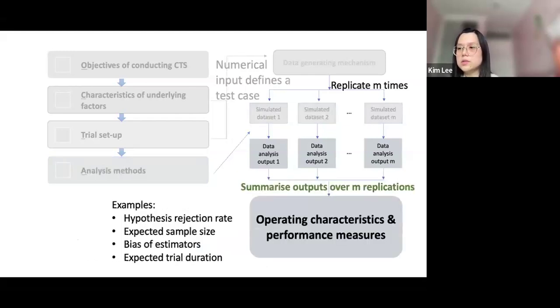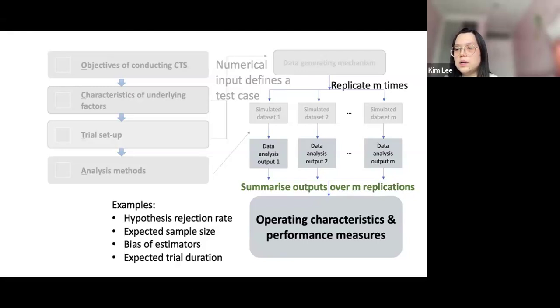The summary measures of the replicated inferential outputs inform the properties of the trial design and analysis method. I noticed that many researchers use the term operating characteristic when describing the property of a trial design, and then others would use performance measure to describe the properties of an analysis method.